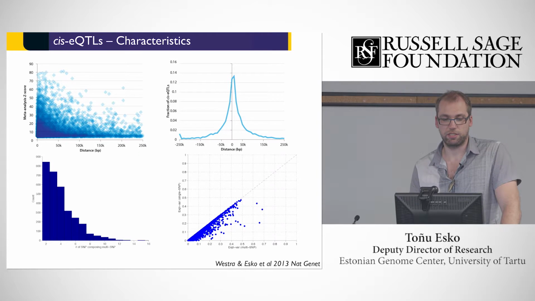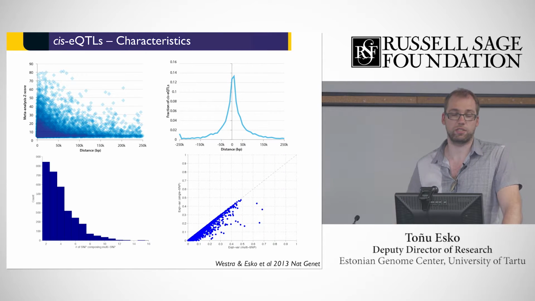You can see that the strongest effects are within 50 kb between the SNP and the gene, but there are still rather strong effects detectable as far as 250 kb away.